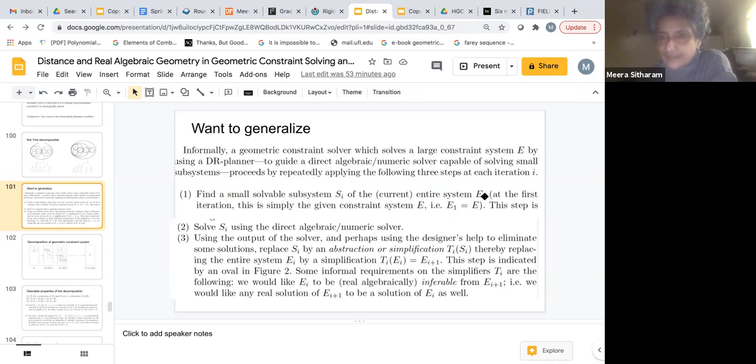So currently you have an overall polynomial system Ei, and you're taking a small piece of it, which you're guaranteed has finitely many solutions, a direct subsystem of it, which means a subset of equations with those variables. And then you do something to solve it.